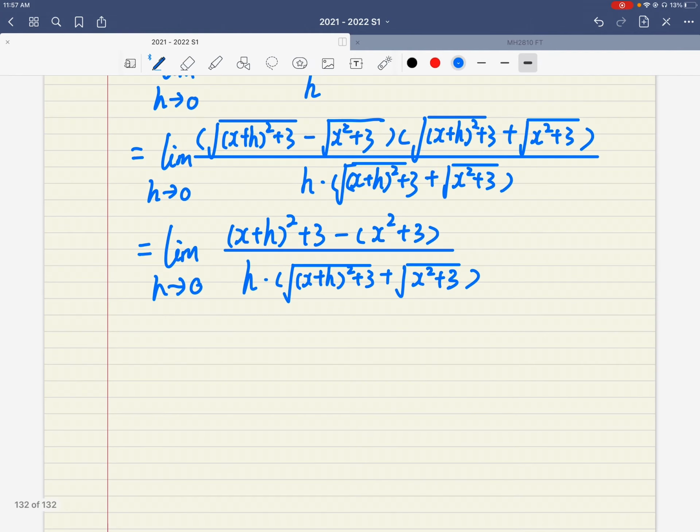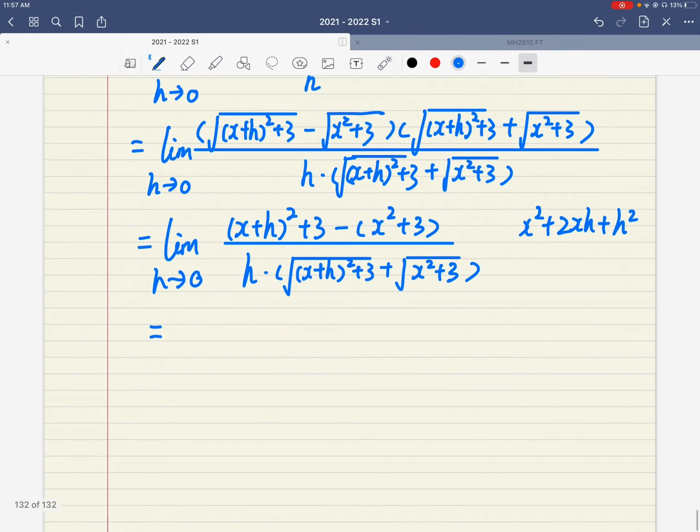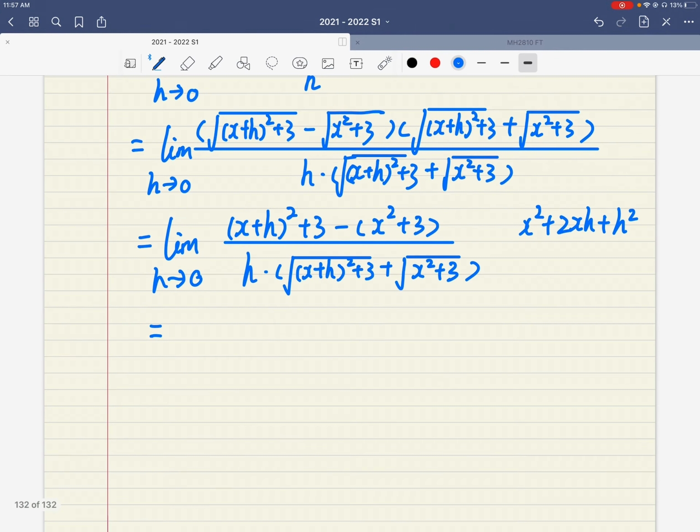Okay, so you can see now the top. Right? If you open this square, it's x squared plus 2xh plus h squared. Right? So you can see this part minus x squared, it will be 0. This right here, it's plus 3 minus 3, it will be 0.